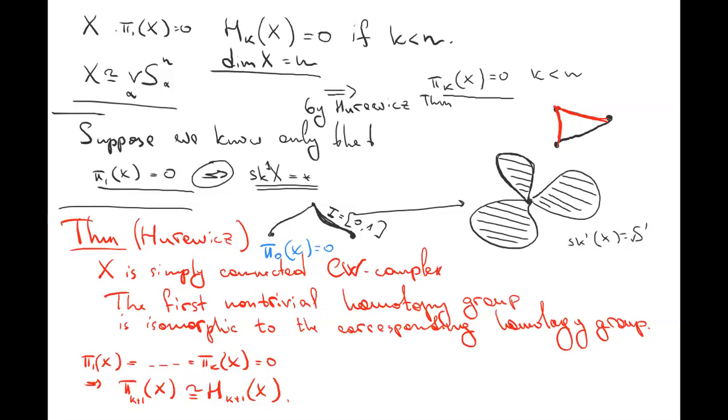But the one cell of a circle is also a segment, and you say that segment is contractible? Well, these segments are from one zero cell to another zero cell. So this is not a loop.